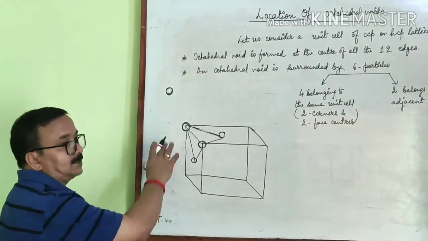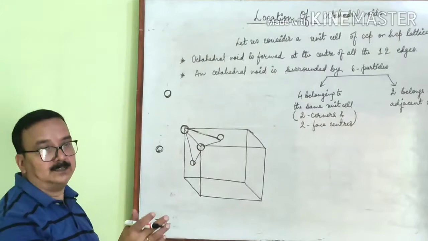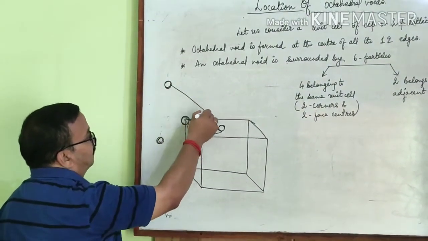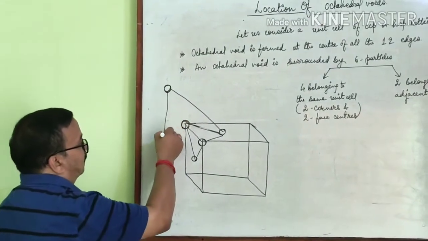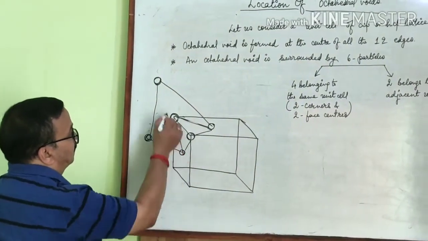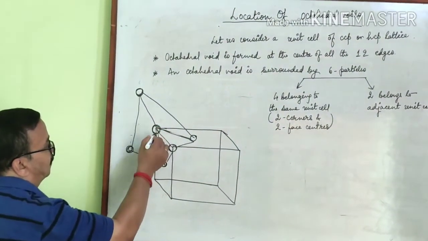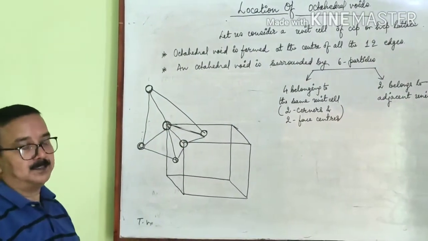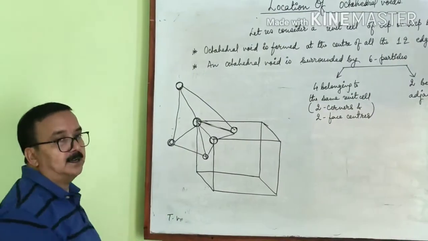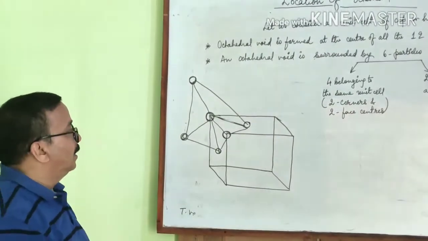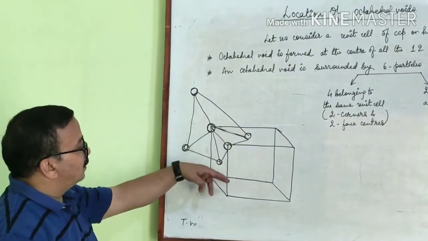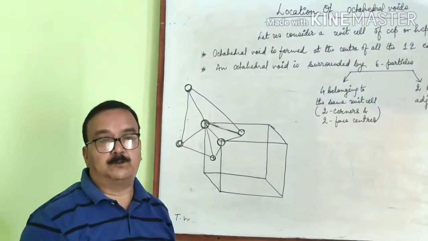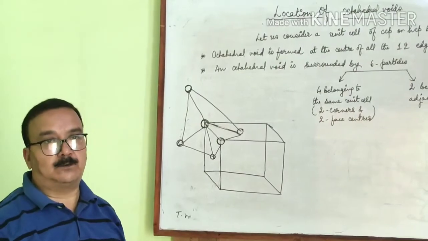These two spheres are present in the adjacent unit cells. Now if we connect this, then we observe that an octahedral structure is formed, and in this octahedral structure a void is formed, which is known as an octahedral void.